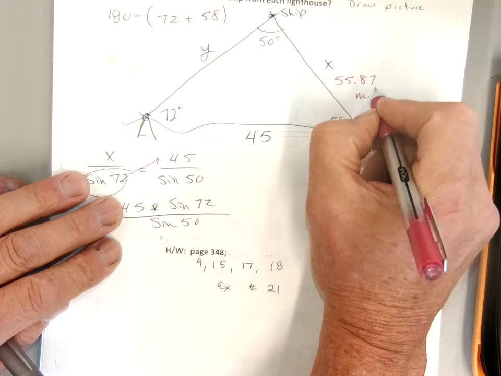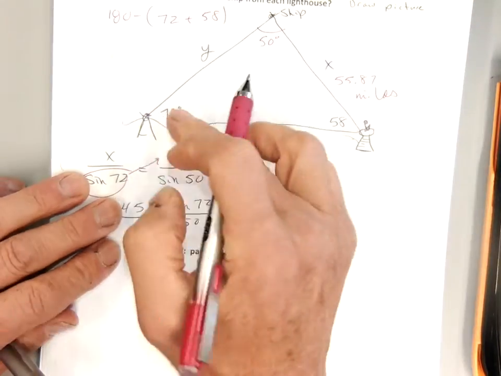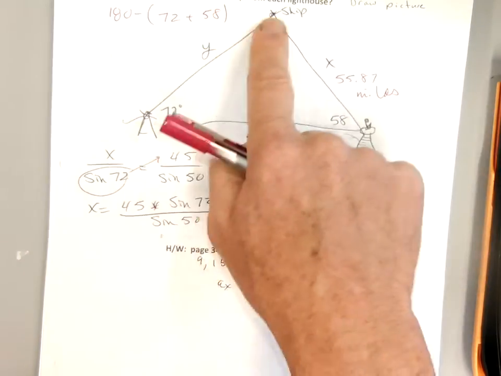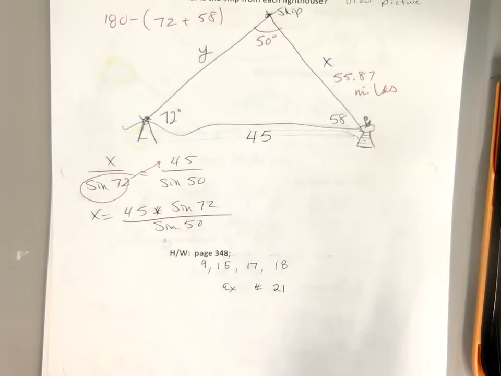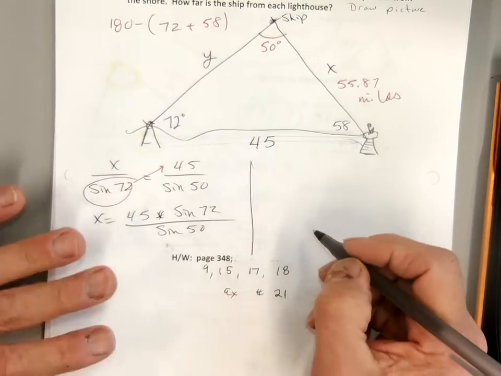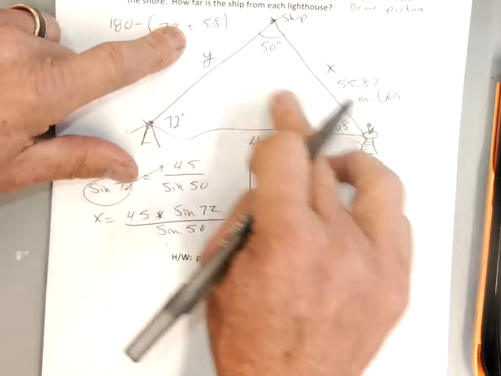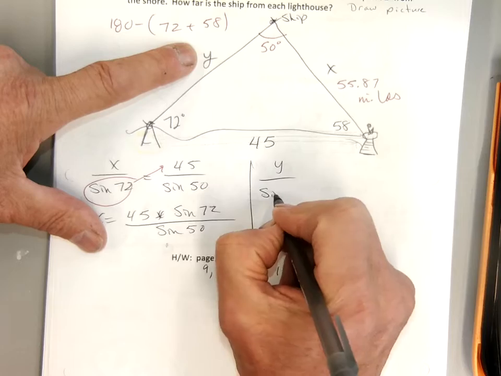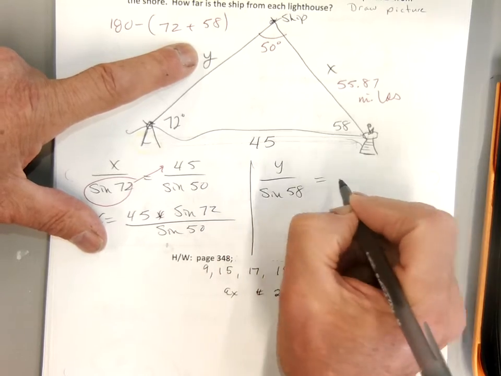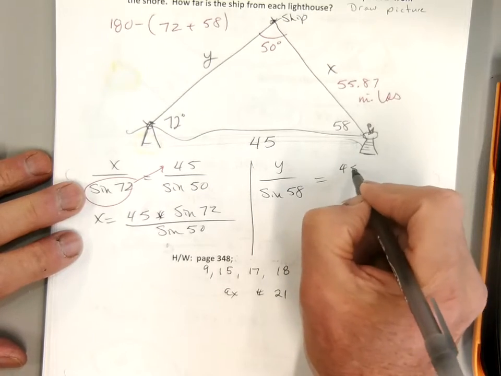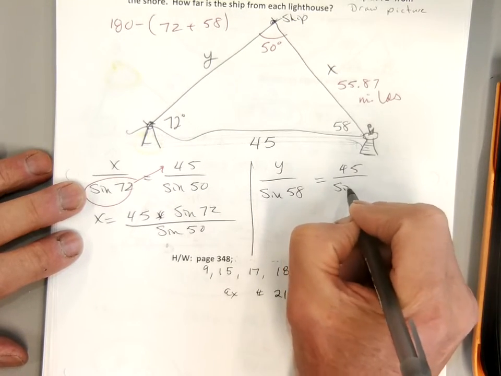55.87 miles. And now to find Y, do not use the Pythagorean theorem. You cannot go a squared plus b squared equals c squared because you don't have a right triangle. So you have to do the same thing again using the law of sines. Let's find Y. Opposites. Y over the sine of 58 equals 45 over the sine of 50.